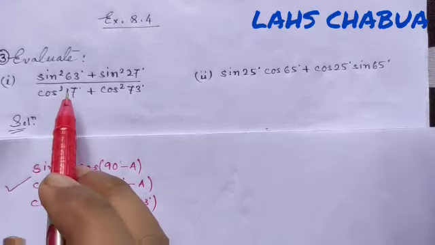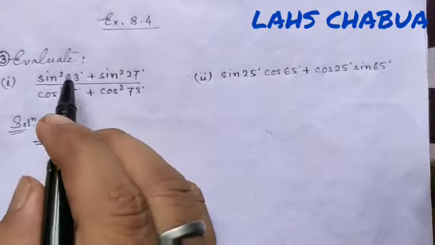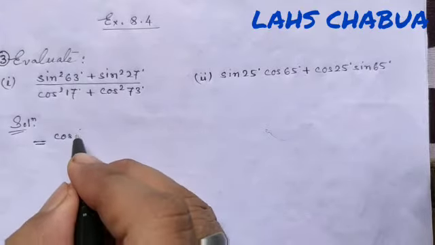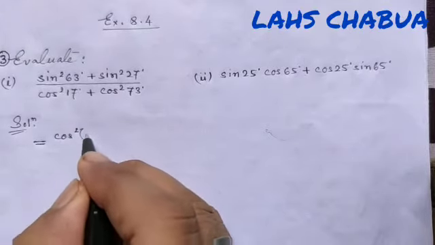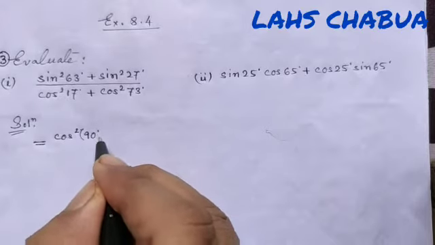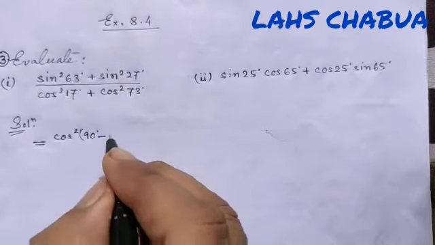Okay, let us start our solution. See here, sine square 63 degree. As you know, sine changes into cos, so I am writing cos here, and the square sign is there, so we put a square here, 90 degree minus how much? This angle 63.